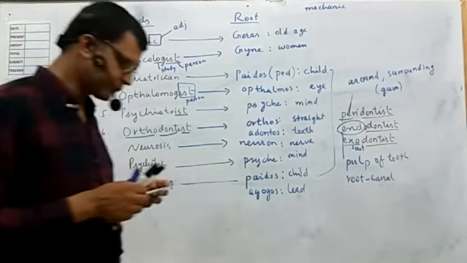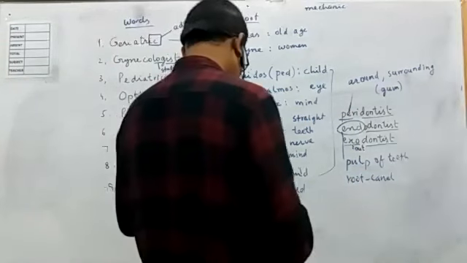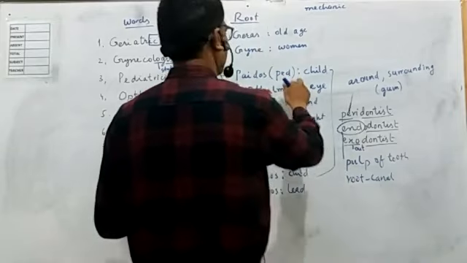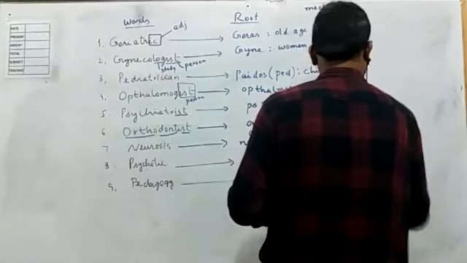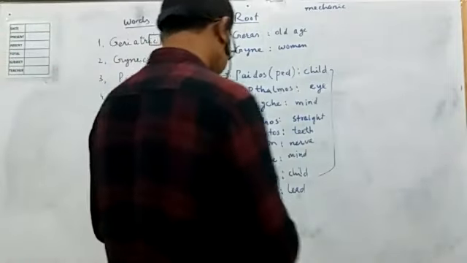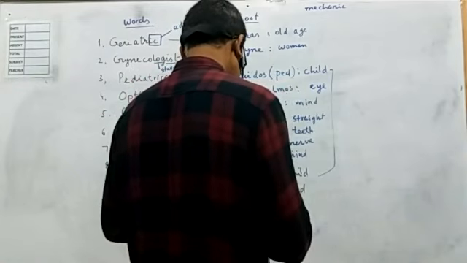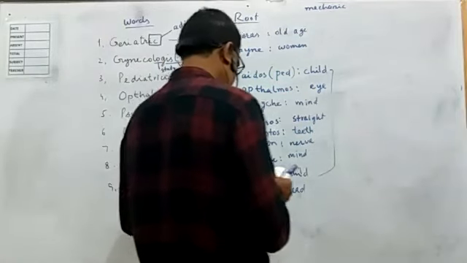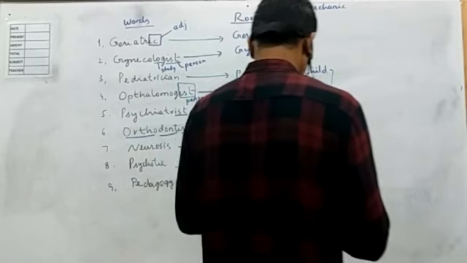Similarly, we have, for example, a word like we talked about child. We have another word that is almost the same as our word, but it deals with the foot.